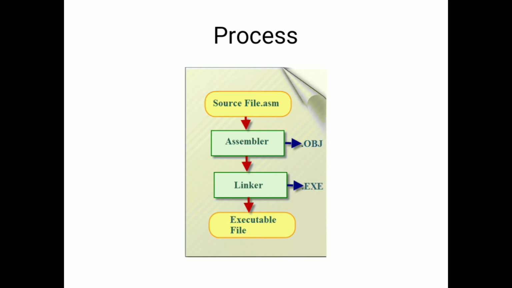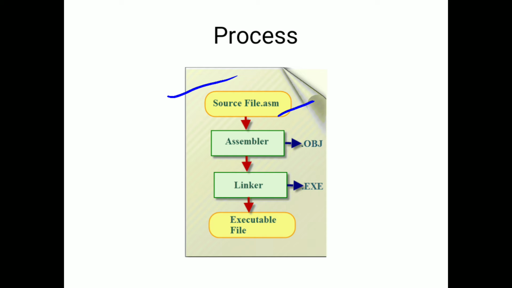Now let us see the process that is to be followed so that an assembly language program can be uploaded in the microcontroller. When you write an assembly language program, the file extension will be .asm, short for assembly, and that is called your source file. You write your program in a source file with the extension .asm.